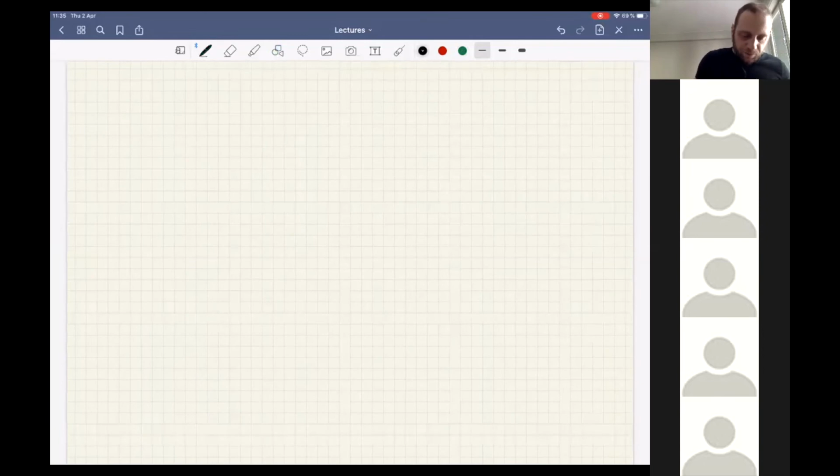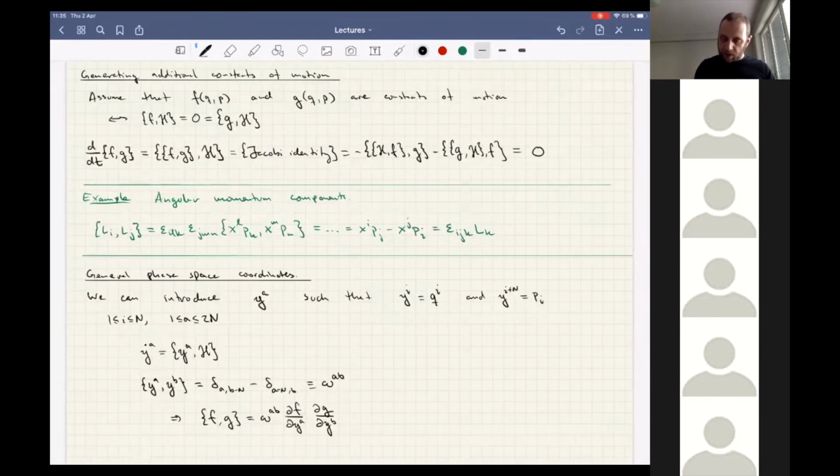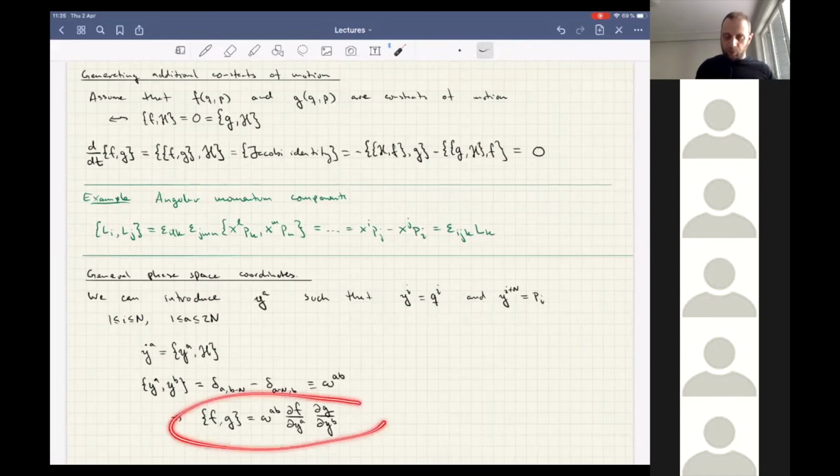Okay, so the next topic is what is called canonical transformations. And if you remember your Euclidean geometry, you remember that we defined rotations as coordinate transformations that preserve the metric. In the same sense, we're going to define canonical transformations as any transformations that preserve this form of the Poisson commutator.